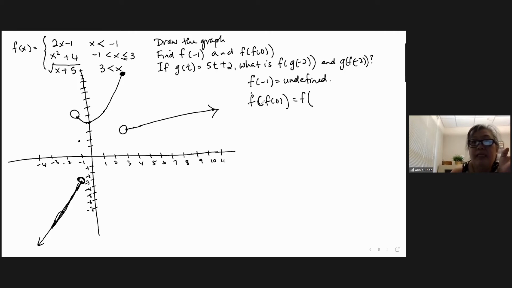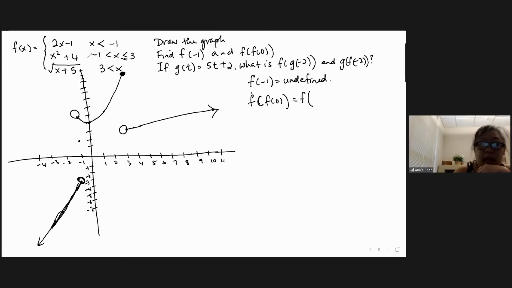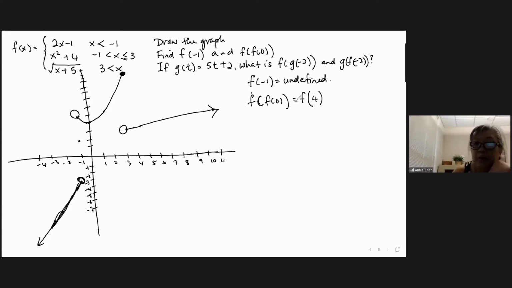Okay. Now, what is f of 0? Which equation should I use? The second equation, right? So I'm going to put 0 inside this equation. What's my answer? If x is 0, 0 squared is 0, 0 plus 4 is 4. Now I'm going to work with f of 4.